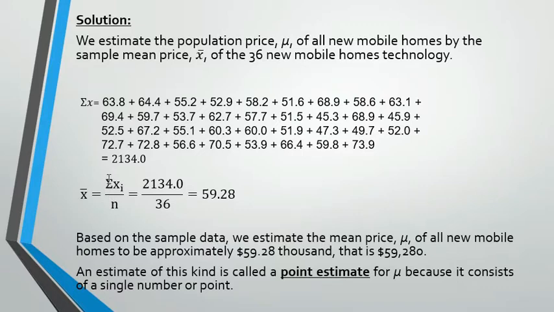The total is divided by the sample size, which is already given, that is 36. So 2134.0 divided by 36, and we get the answer 59.28.